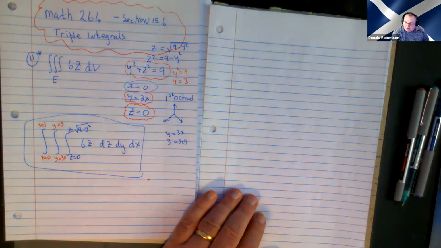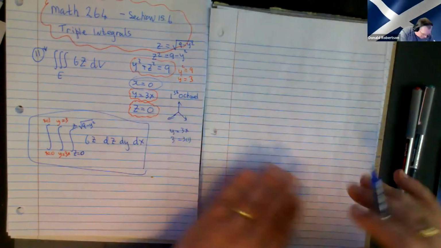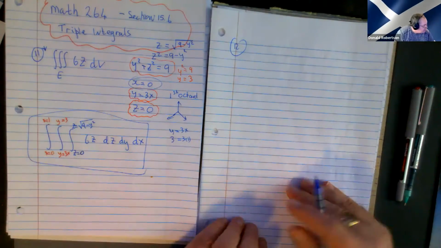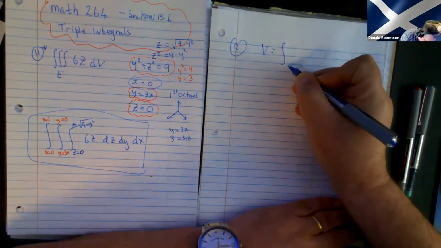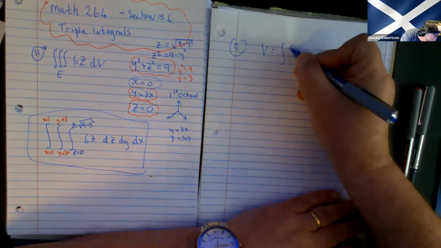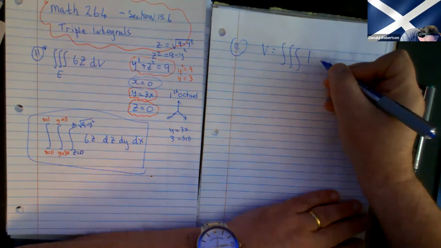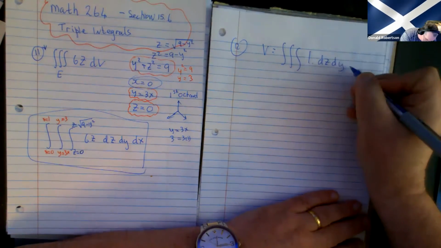Are we good? Right. So the next one, again, I'm focusing on setting up the triple integral. The one we're going to be setting up here is a triple integral of the number 1. And they're telling me in the question to do it in the order dz, dy, dx.